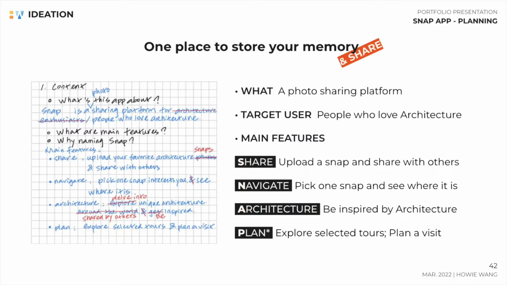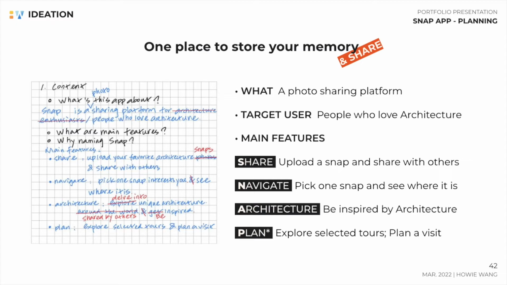So I usually, in the beginning, do sketches and just brainstorm and talk with others. So basically, what I need is a photo sharing platform, and the target users are people who love architecture. The main features consist of share, navigate, architecture, and play.